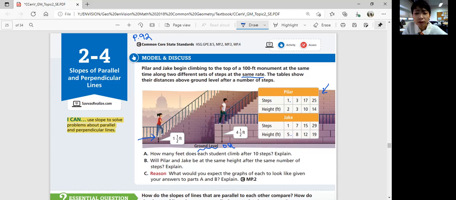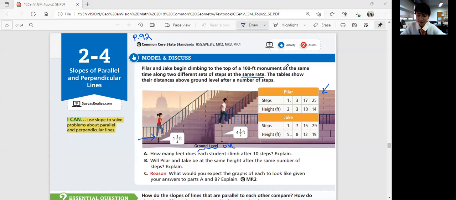So after 10 steps, you're going to figure out what the rate is for Pillar and Jake and see where they are at above ground level. Think about it. Okay, do you have an idea?